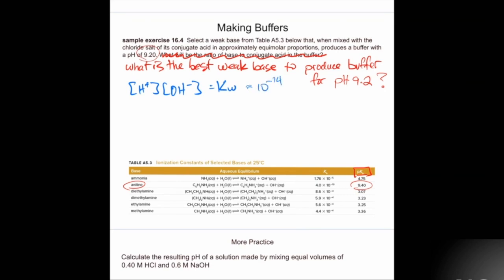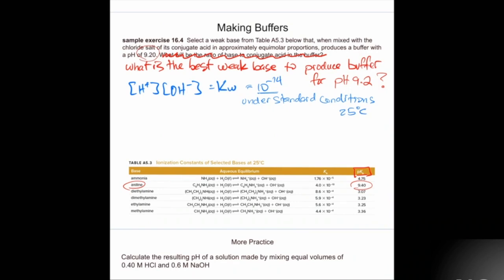Now, I say always, but that's under standard conditions. The conditions aren't always going to be standard. When you have standard conditions, which is in this case 1 atmosphere pressure and 25 degrees Celsius, it will be 10 to the minus 14th. But it's not always 10 to the minus 14th.